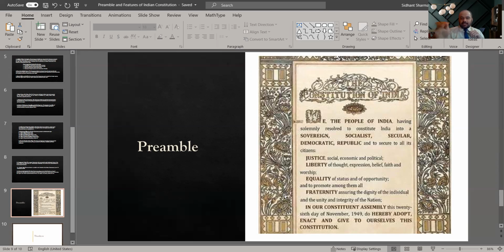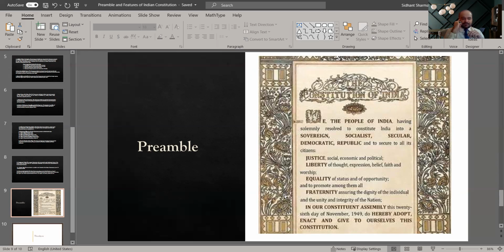So, as the preamble reads, we the people of India, having solemnly resolved to constitute India into a sovereign, socialist, secular, democratic republic, and to secure to all its citizens justice, social, economic, and political, liberty of thought, expression, faith, belief, and worship, equality of status and of opportunity, fraternity, assuring the dignity of the individual and the unity and integrity of the nation. In our Constituent Assembly, this 26th day of November 1949, do hereby adopt, enact, and give ourselves this Constitution.